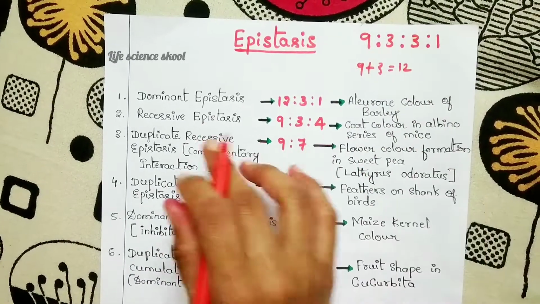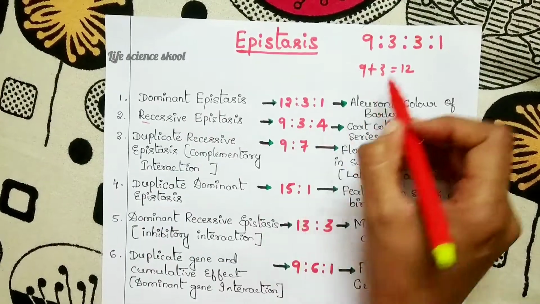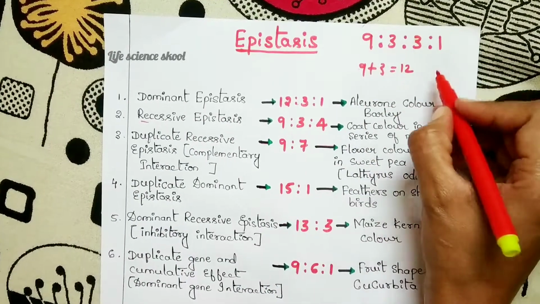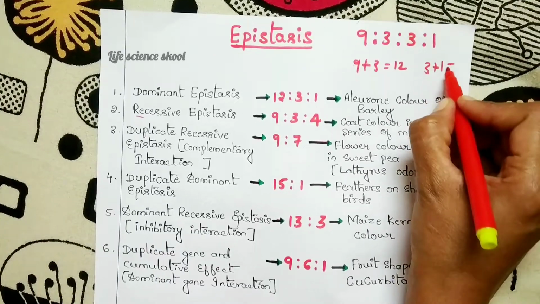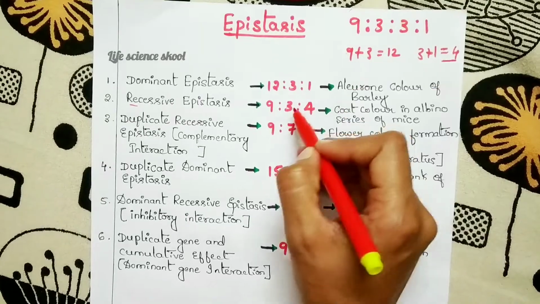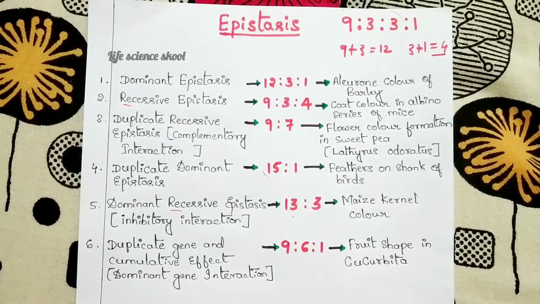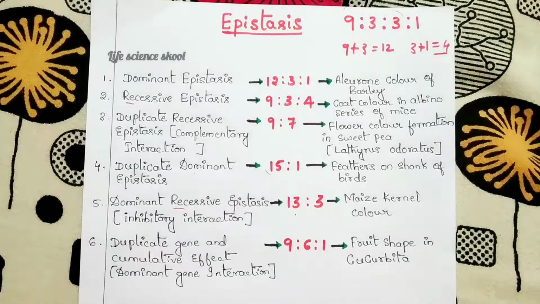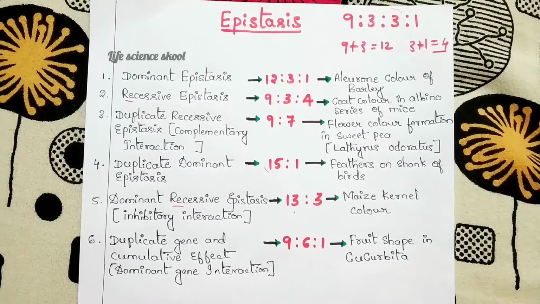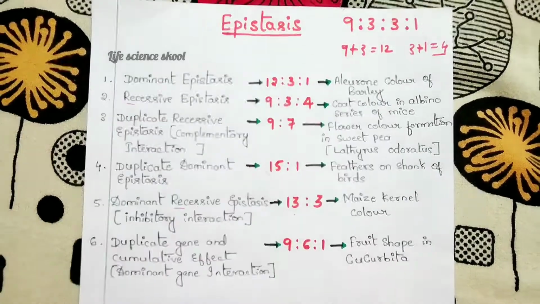The next one, recessive epistasis, as the name indicates recessive, so we have to add the recessive phenotypic ratios here, that is 3 plus 1 is equal to 4. So you can write like this, 9 is to 3 is to 4, and the example for this is coat color in albino series of mice. Albino is related to the skin color.